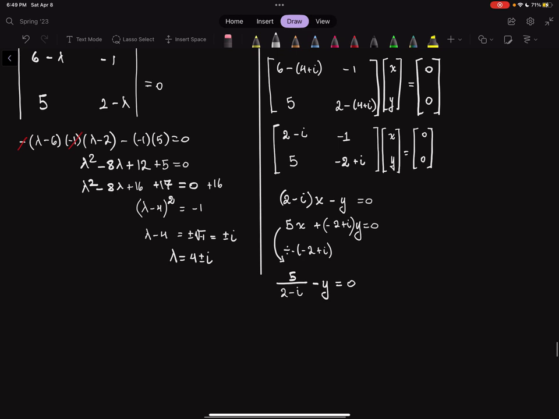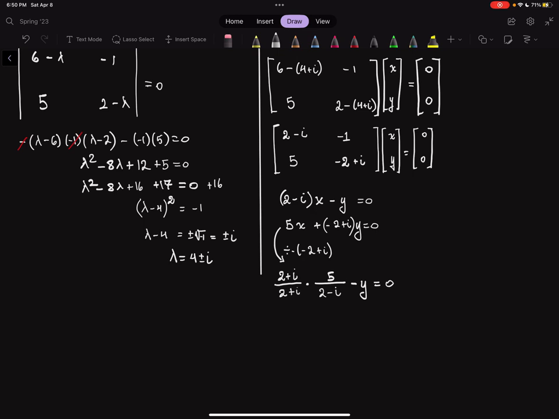But can we make it look like the top? I don't know. Let's see. If we multiply this fraction by 1, we're not going to change the fraction, right? So what if that 1 is a very fancy one, which happens to have the conjugate of the bottom one?